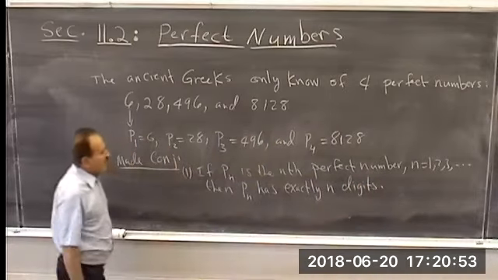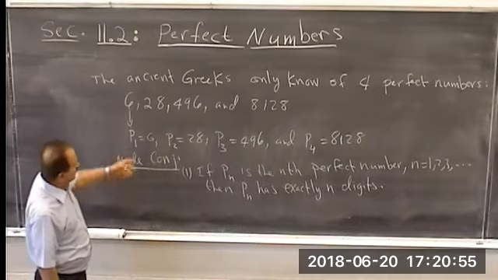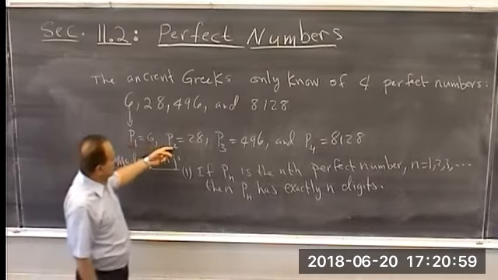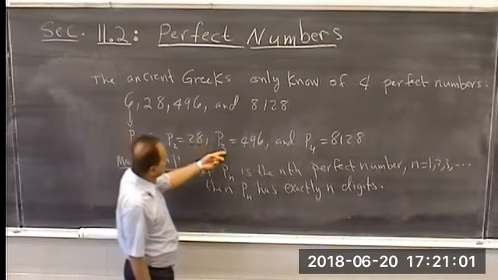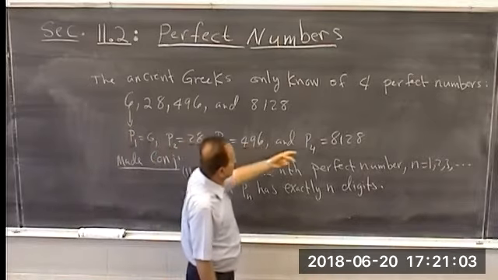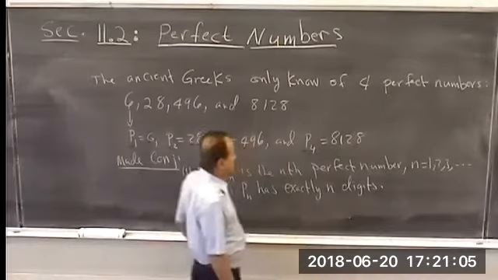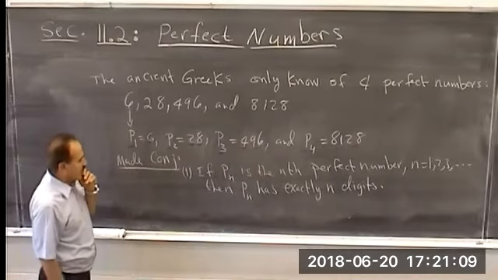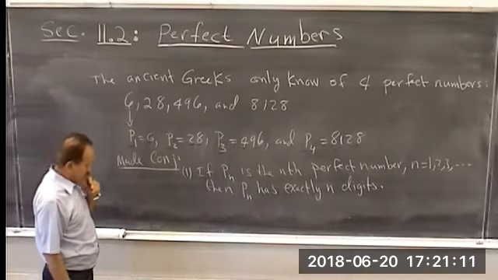For the numbers we have, this is correct. P1 has 1 digit, 6. P2 has 2 digits, 2, 8. P3, 3 digits. P4, 4 digits. We're going to examine data and find out that this conjecture was in fact incorrect.